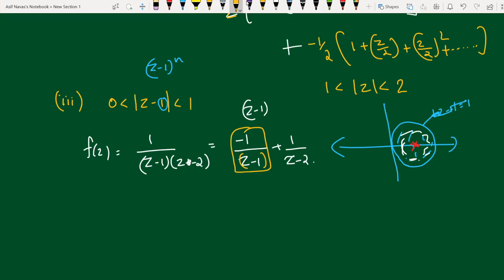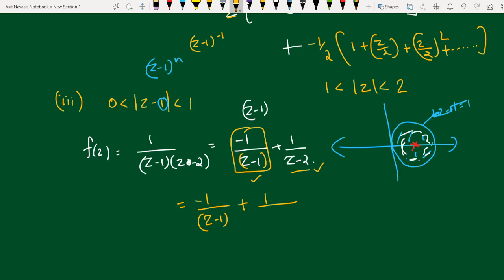So this is z minus 1 all raised to minus 1. We don't want to change this, and we have to change the other in that form. So this is equal to minus 1 by z minus 1, which we can keep the same, plus 1 by, now we want to change it into the form z minus 1.